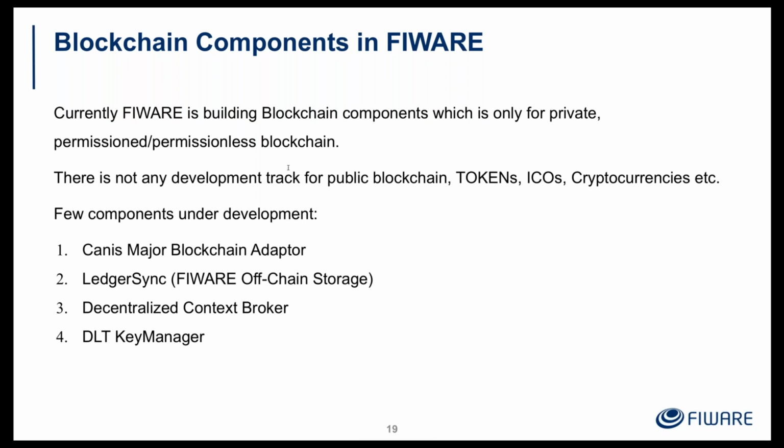You can simply make a config subscription with Canis Major and mention a few configurations, like your ABIs and the variables that you want to persist, and you can use a separate key manager to manage your keys, or maybe a front end like MetaMask to sign your application.